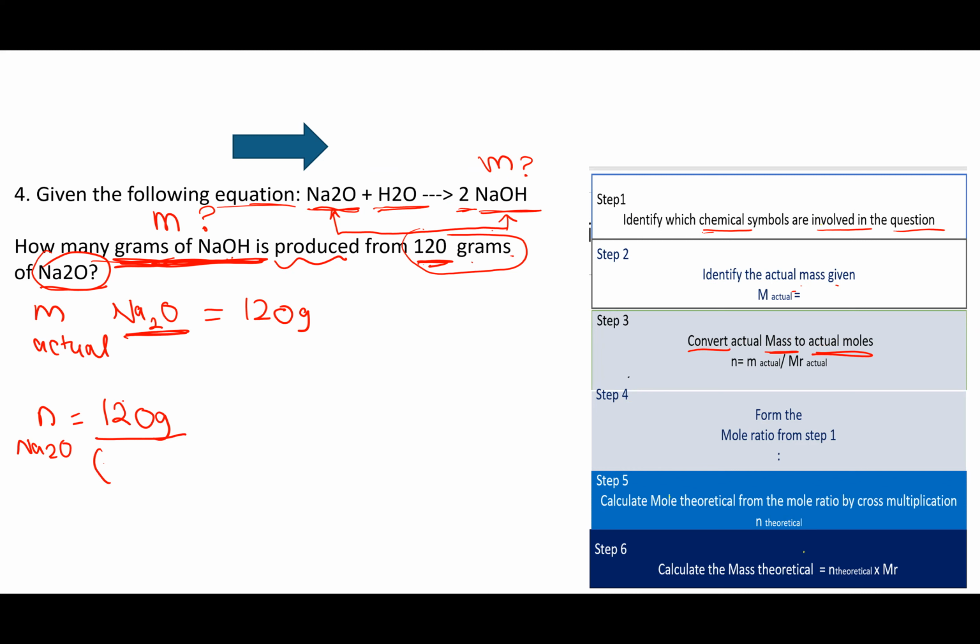Now, the MR of sodium is 23, and of oxygen is 16. But I have two sodiums, so that's going to be 2 times 23 plus 16, and I'm going to close my bracket, grams per mole. Okay, that's my moles. And then we're going to use this in our mole ratio.